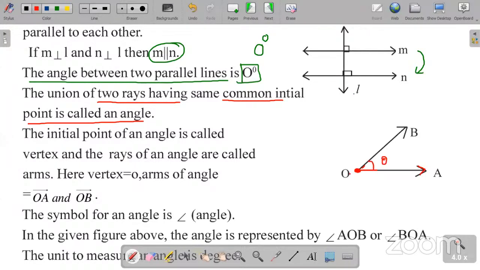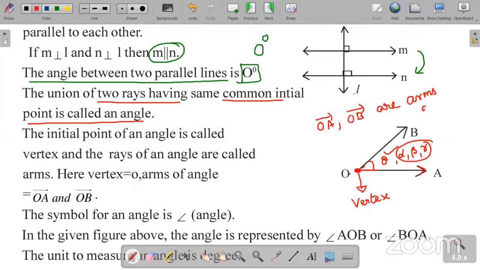Generally, an angle is denoted by theta, alpha, beta, gamma. The initial point of an angle is called the vertex. This is the vertex of the angle, whereas OA and OB are called the arms of the angle.